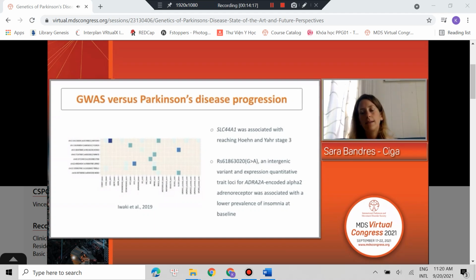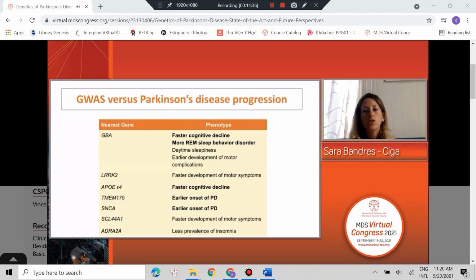So one variant in SLC44A1 associated with faster development of motor symptoms, and we have also another variant that is a QTL of ADRA2A, and this one is associated with a lower prevalence of insomnia at baseline.